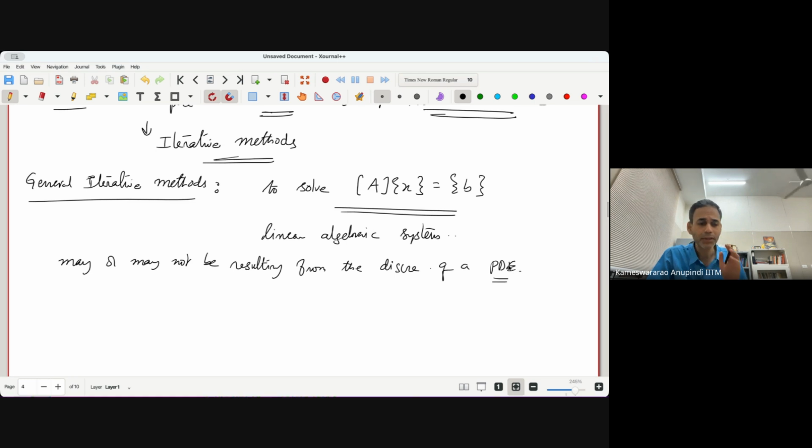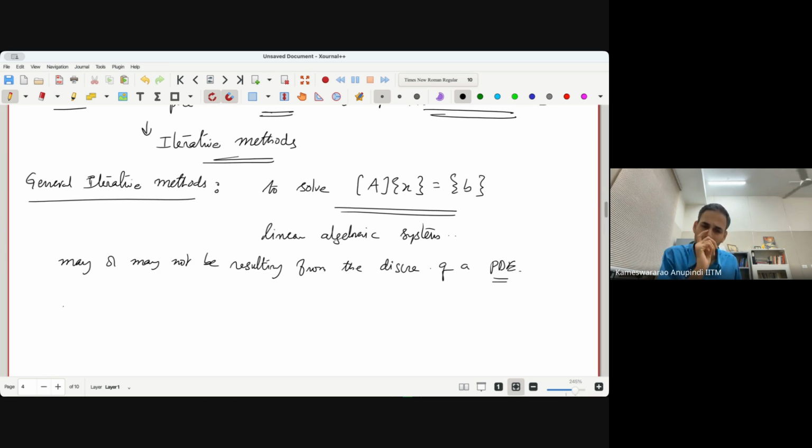In this case, it so happens that we are getting Ax equal to b from discretizing a PDE, but the methods we are developing are not only applicable to these kinds of systems. If you have any Ax equal to b coming from any other discretization, you can still apply an iterative method. That is how we are going to develop the iterative methods.